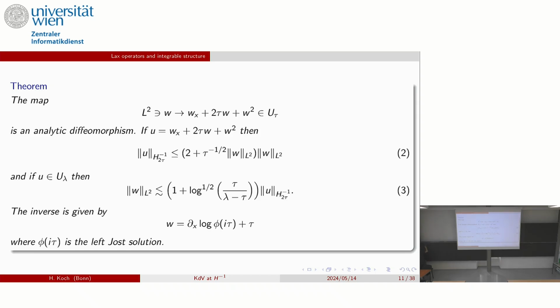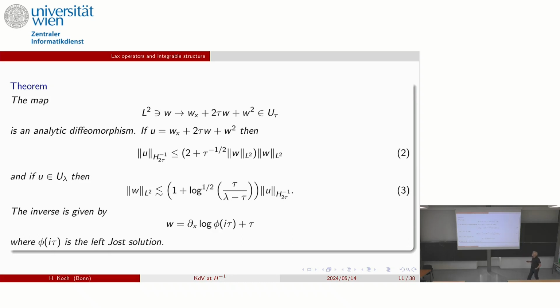H tau is defined by, so we look at d squared plus tau squared to the 1/2, that is the m over 2, n over 2, f. So you can bound the potential U in terms of W.